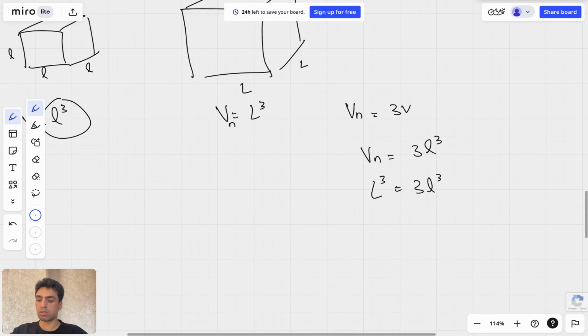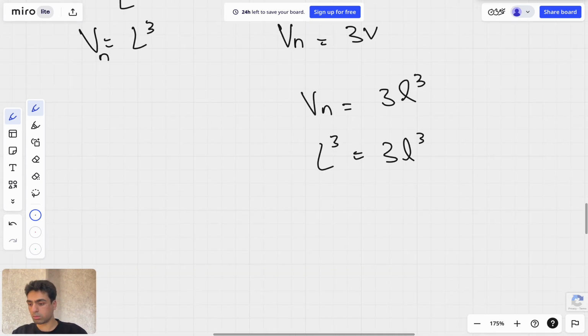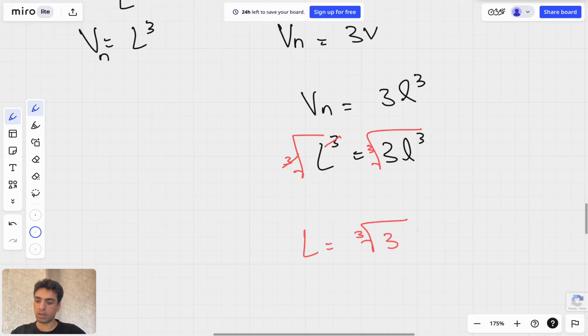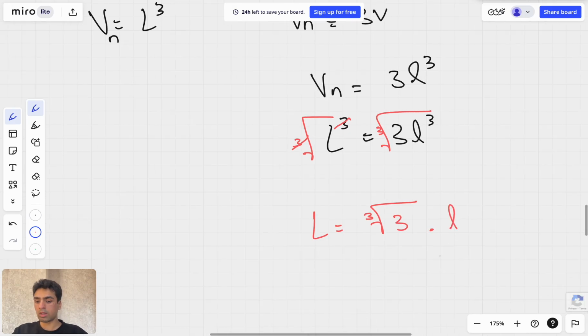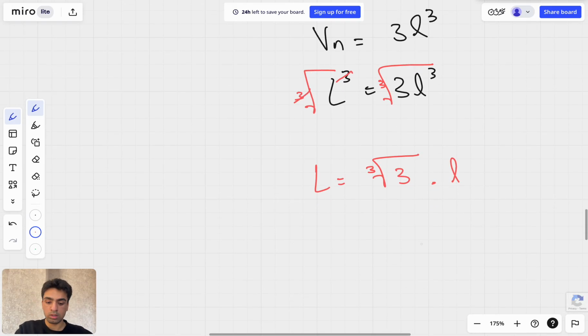Now we need to get rid of the cube. So we need to cube root both sides. So you cube root this side and you cube root this side. When you cube root that, this is going to cancel with this. So you get L is equal to the cube root of 3, and then this cancels with this, L cubed and cube root. So you're left with just L. Now if you find the cube root of 3, that is going to be 1.44.